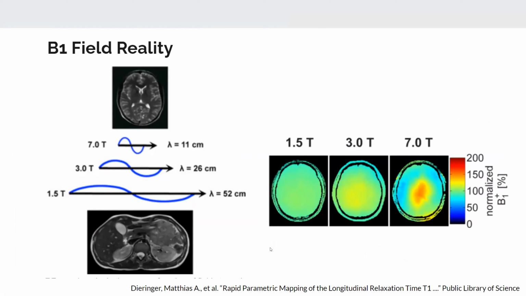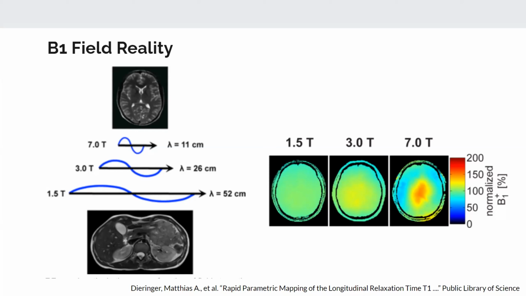As shown in the figure on the left, at B0 fields of 1.5T, RF wavelengths are long compared to the size of the body. But as the main magnetic field is increased, these wavelengths become the same size or even smaller than the region of the body being imaged, resulting in interference. The output of that is shown on the right side, and it results in inhomogeneity throughout the slice.